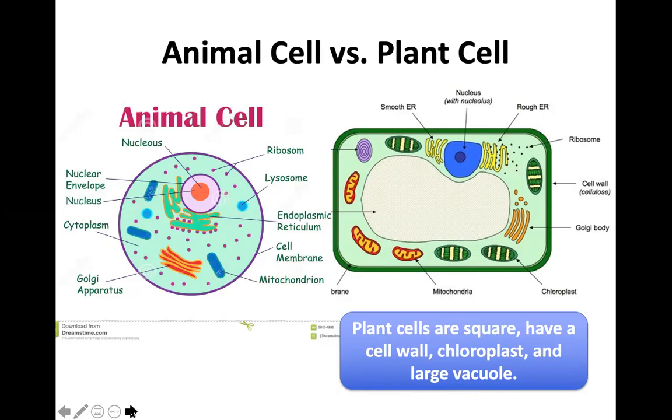We also need to know that they have a chloroplast and they have a much larger vacuole. So animal cells still have a vacuole, but they're much smaller. Plants have a large central vacuole. That's known for storage. Any questions?